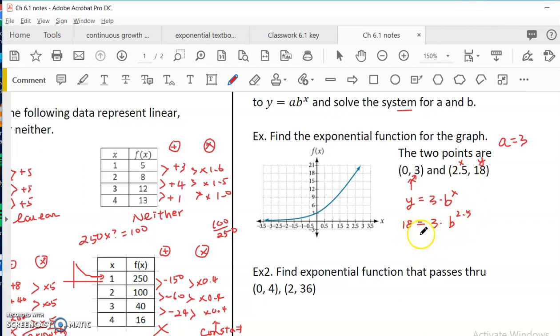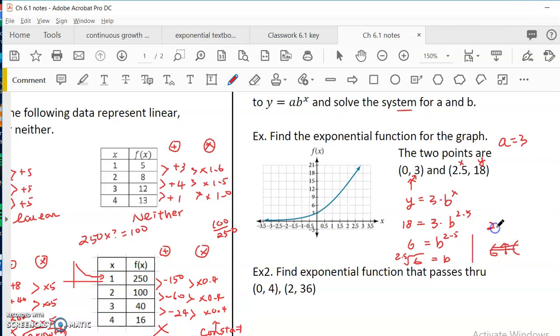I divide by 3 on both sides, so it becomes 6 equals b to the 2.5. So how do I find b? b is the 2.5th root of 6. In the calculator, what you do is not 6 to the power, you should do root, right?